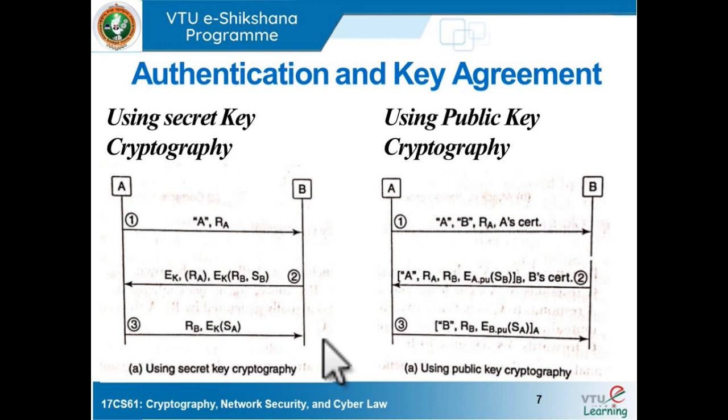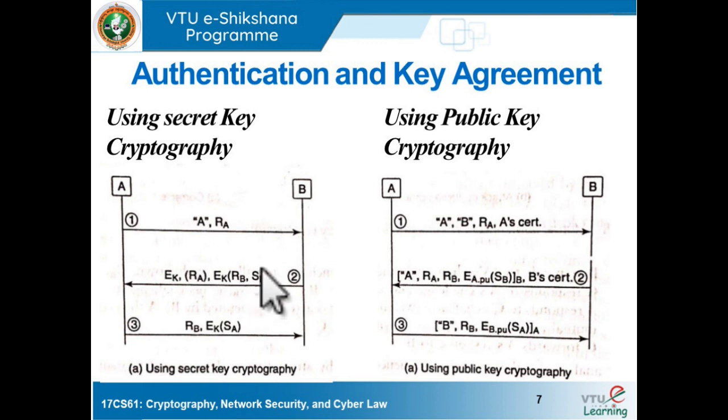Now, upon receiving, B will decrypt this particular message, and upon decryption it is able to retrieve the session key SA that is sent by A. Now, both of them will deduce a session key.